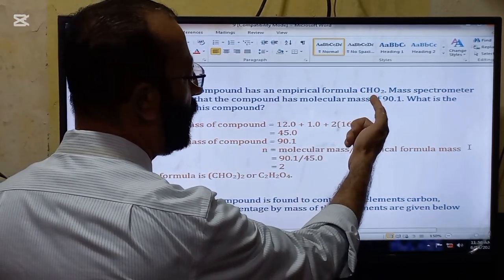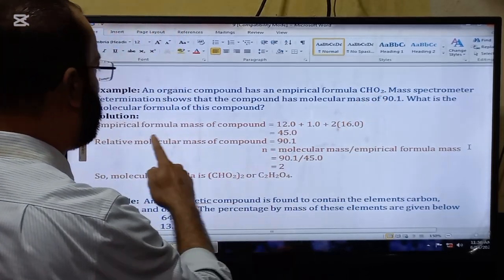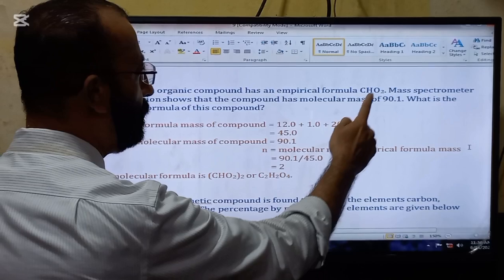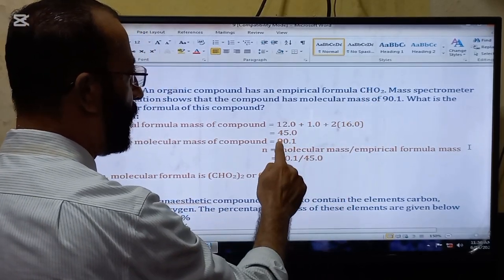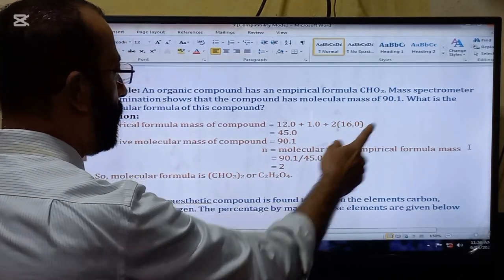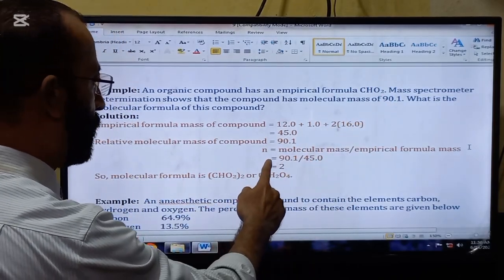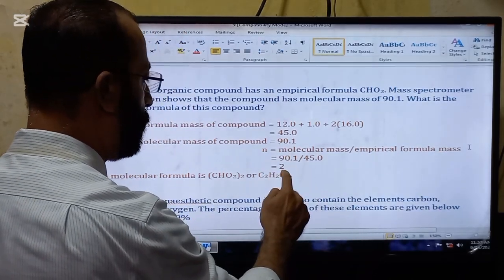So first we will find the empirical formula mass of the compound, that is CH2O. So C is 12, H is 1 and O is 16. So 2 atoms are there, so 2 into 16. So this is the empirical formula mass. Molecular mass is 90.1. So n will be equal to molecular mass over empirical formula mass. So 90 over 45, 2.